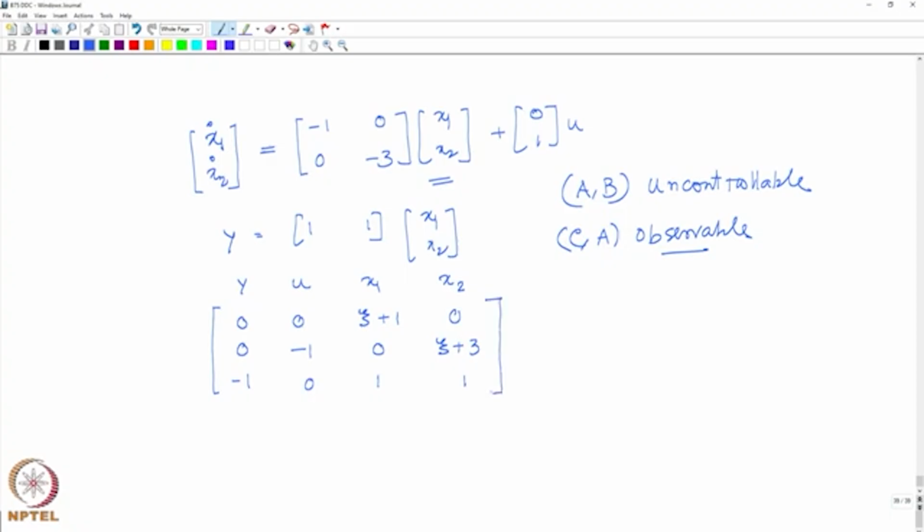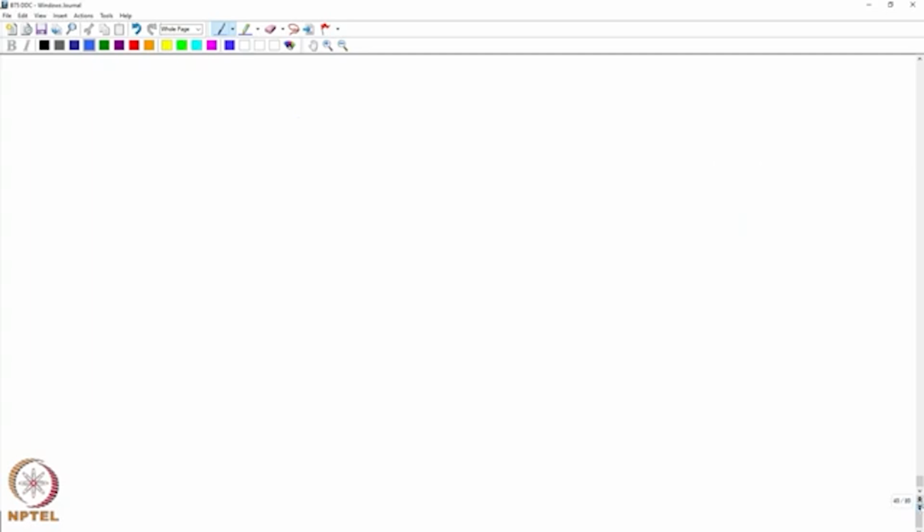So, in order to eliminate x, I need to find the MLA of the following matrix: xi plus 1, 0, 0, xi plus 3, and 1 and 1. I need to find the maximal left annihilator of this. How do I get it?